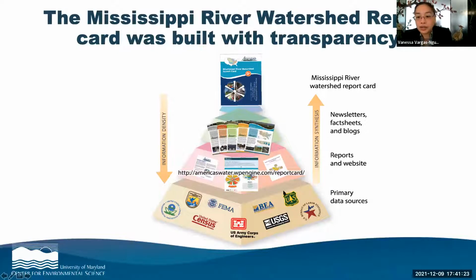We consulted and engaged with various experts, and we developed other products such as reports, newsletters, fact sheets that are all developed to support the report card. So we have a methods document that supported how we did develop the report card and did the calculations and everything like that.